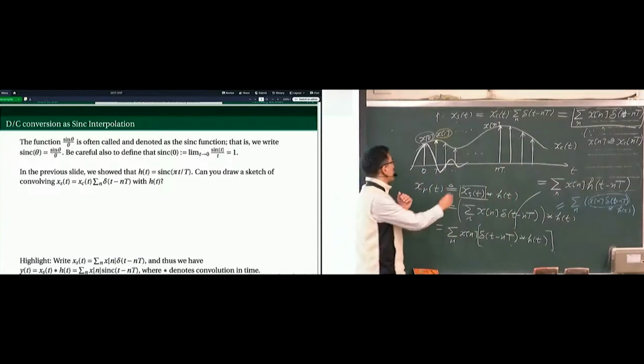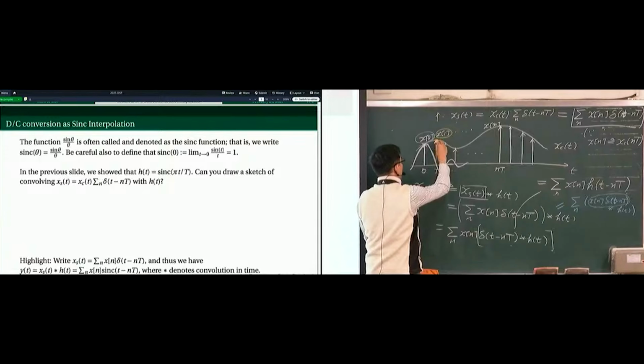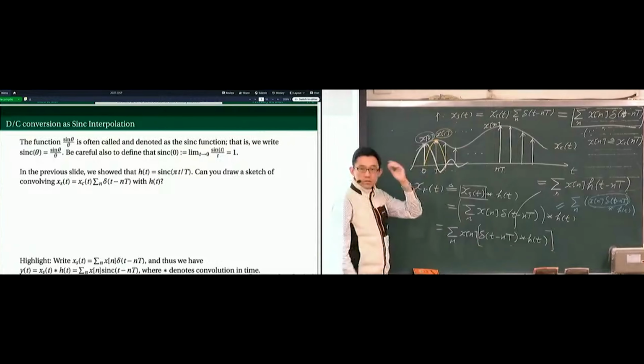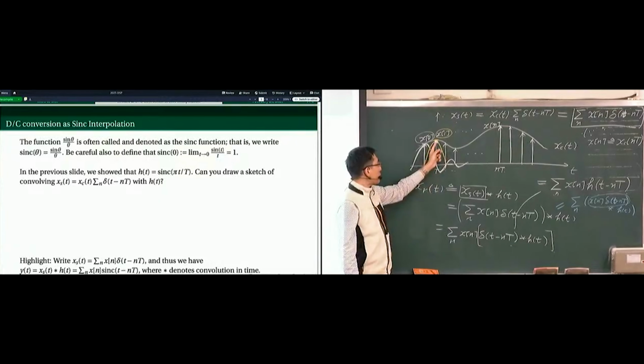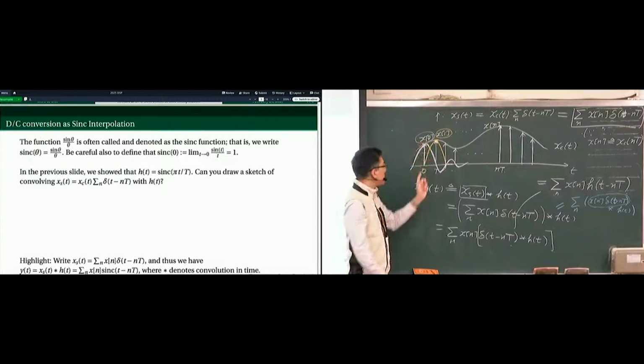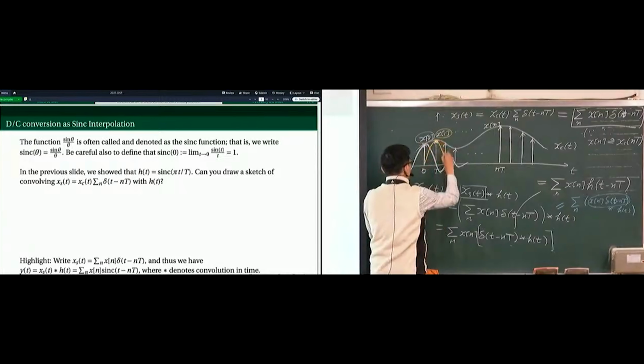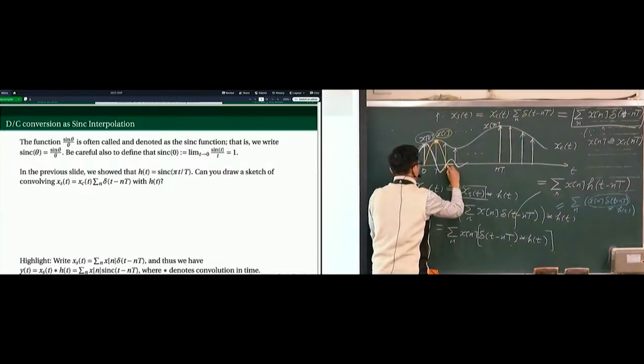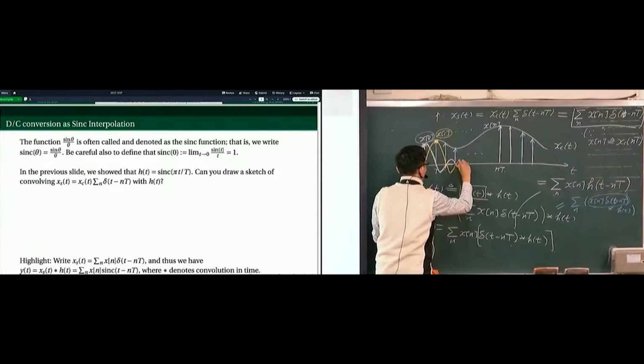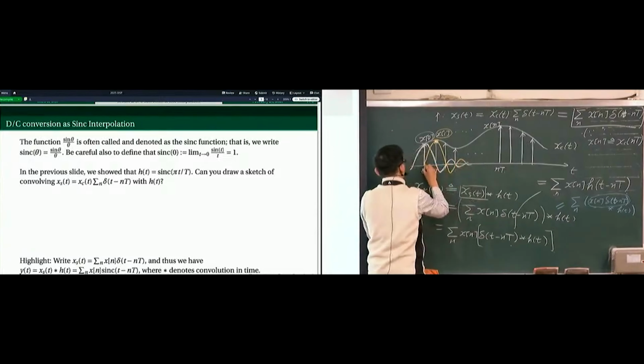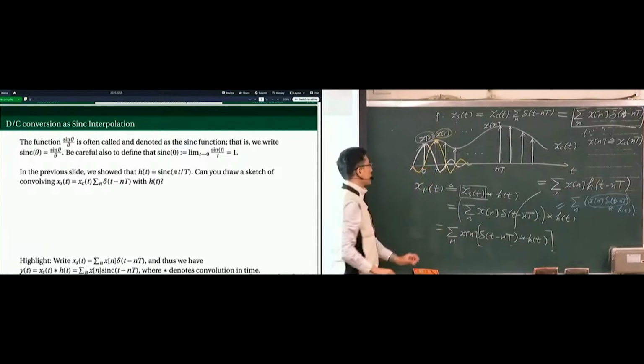So we draw a copy of the Sinc function, slightly taller than x0, going further down and sliding up and down, right here.